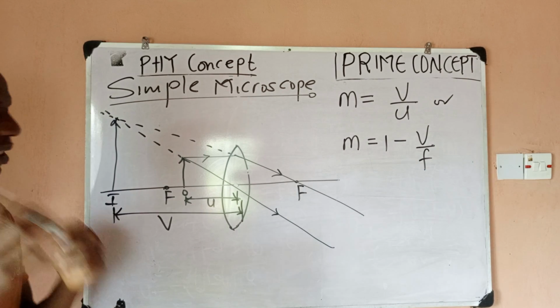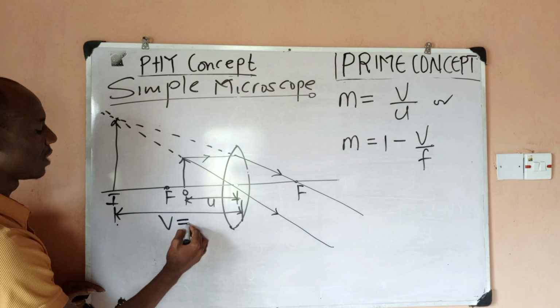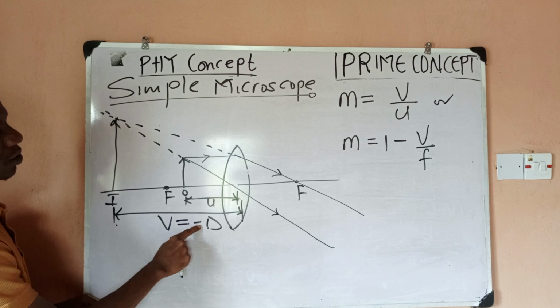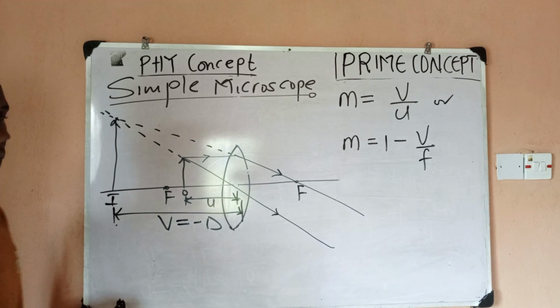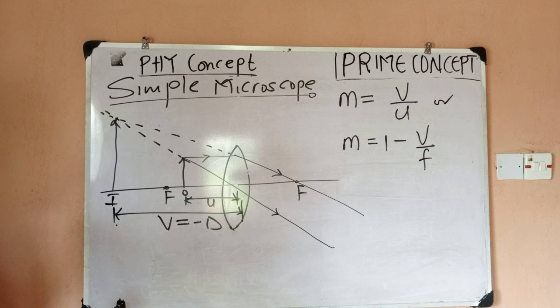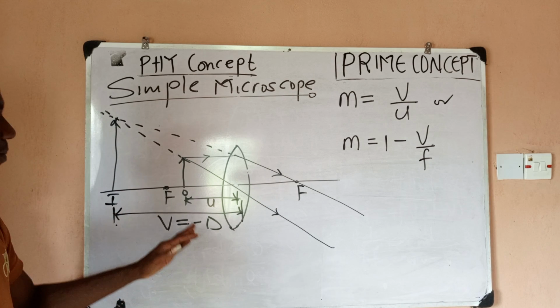The least distance of distinct vision is denoted with the symbol D. So if the image is at that point, then our image distance is going to be negative D. Why am I using negative? Because my image is formed on the negative side, and it is virtual. That's why we're using negative.